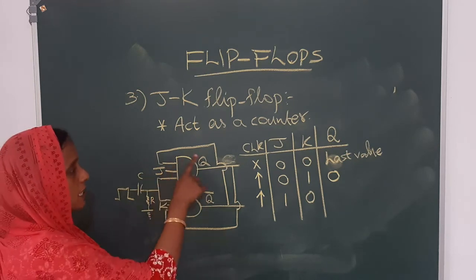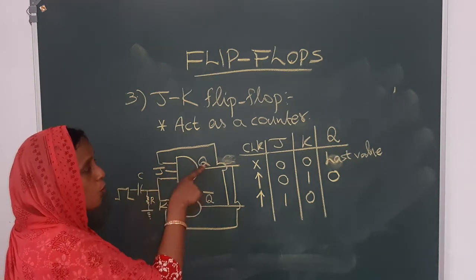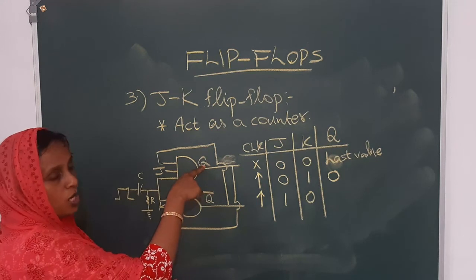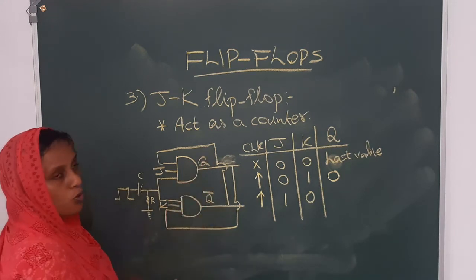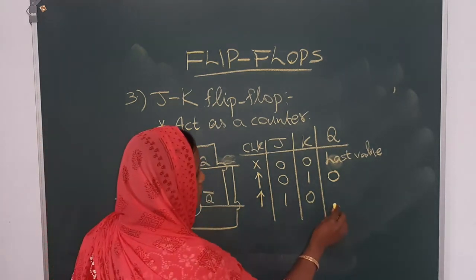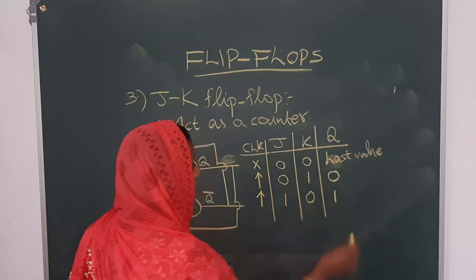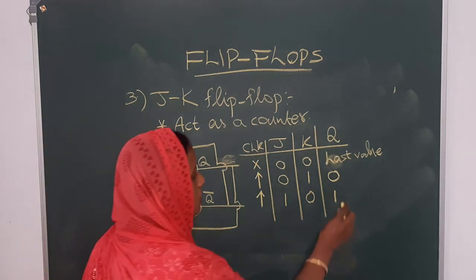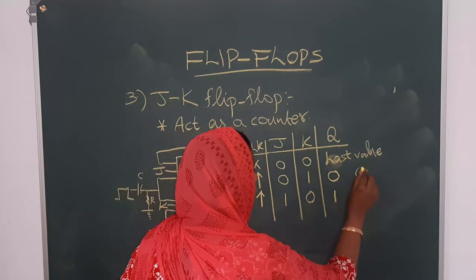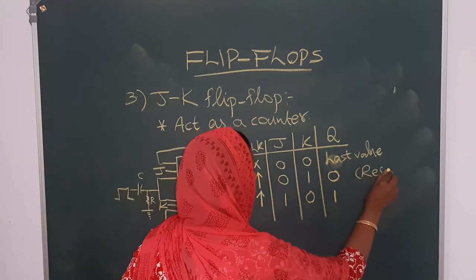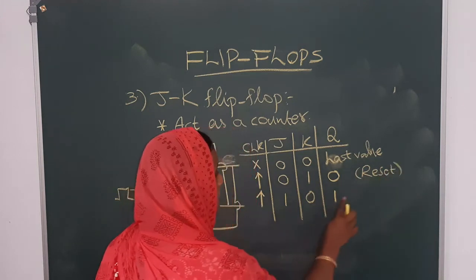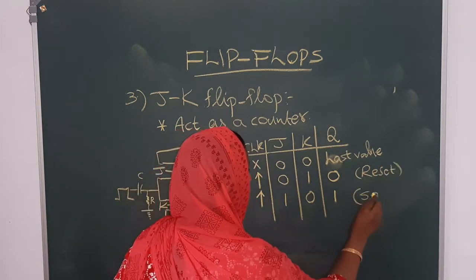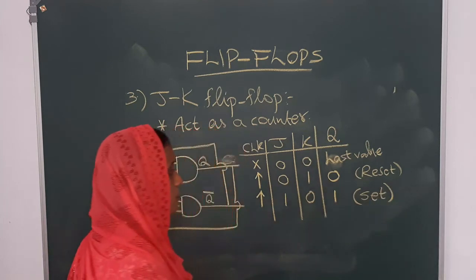This gate being enabled means Q is driven to a high value and Q bar to a low value. So this is high and Q bar is low. This condition corresponds to reset. This condition corresponds to set.